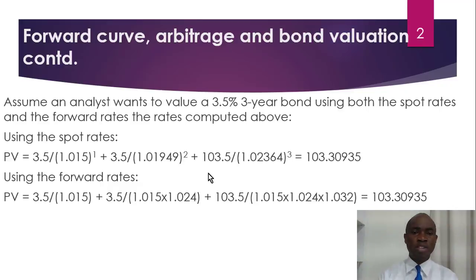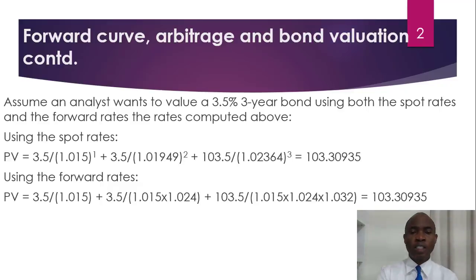Now assume an analyst wants to value a 3.5% 3-year bond using both the spot rates and the forward rates computed above. Now using the spot rates, how do you derive the present value of the bond? What you do here is discount the cash flows. The first discount rate is 1.5%. The second discount rate, we already derived this spot rate, which is 1.949%.